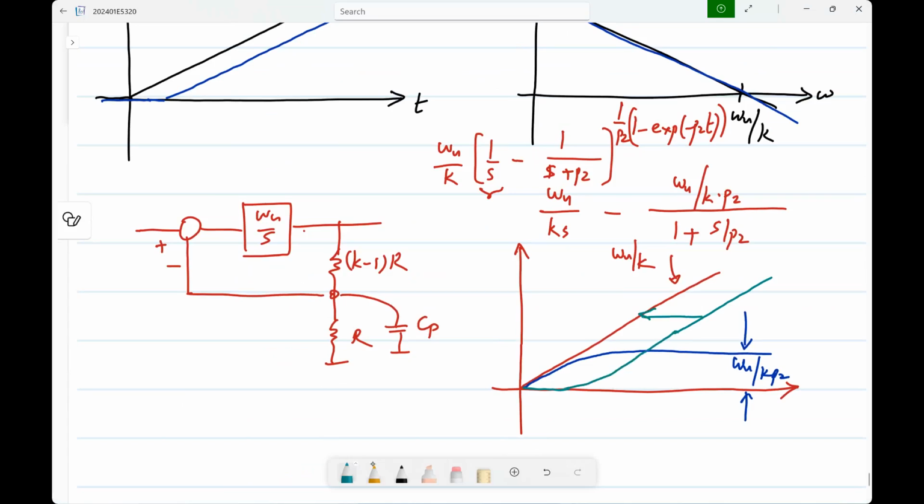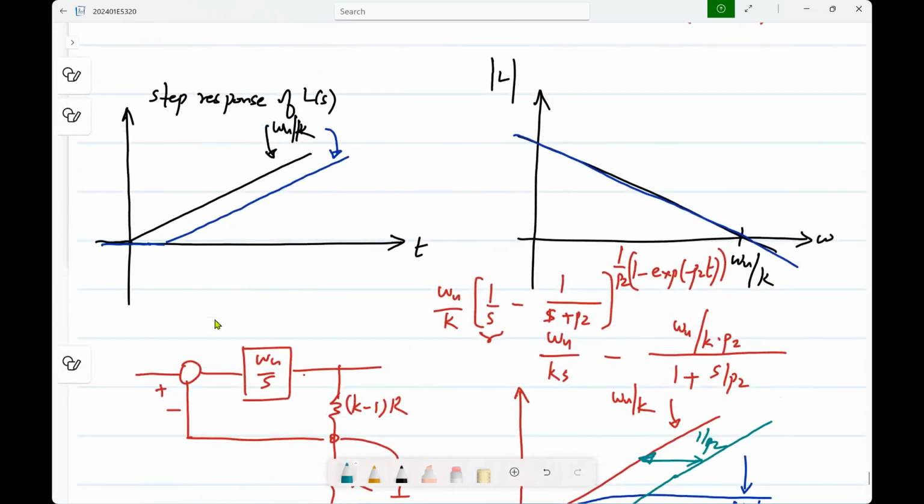And what will be the horizontal spacing between these two? It is this height divided by the slope. It is 1 by P2. Okay. So you can see, even when you have this pole, if I now put it on the same plot, I will get something like this, where this delay is like 1 by P2.